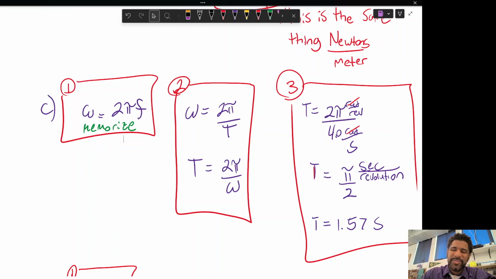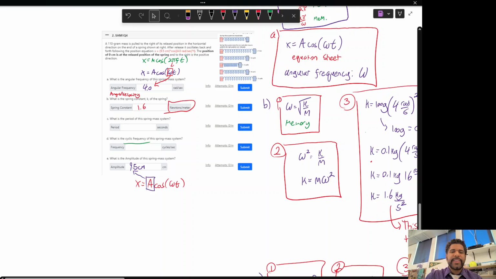The next one, they're asking for the cyclic frequency. That is the next little tricky bit. What is the cyclic frequency? That's just f, what we know as f, because f is the cycles per second, not the radians per second.